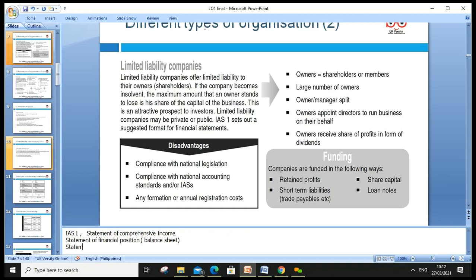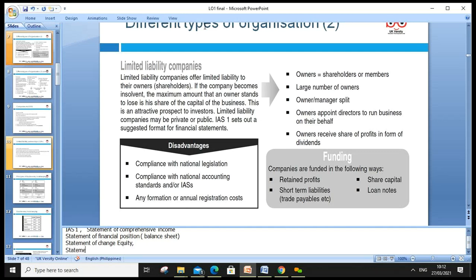Third statement is a statement of change in equity, which shows how much dividend we paid, how much profit, retained earnings, revaluation, bits and pieces, and all of it is a part of the balance sheet as well, the equity figures.